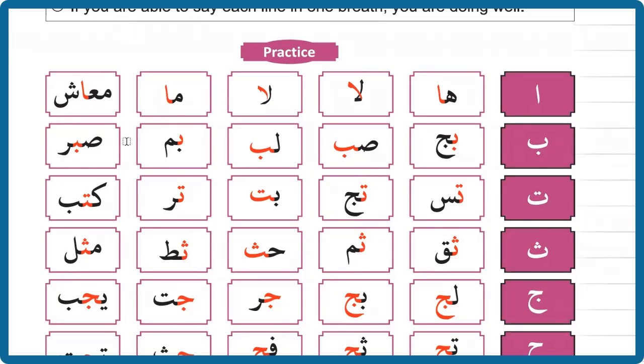Okay, dear sisters, let's read it together. You can read at your side. First one is alif, ha, alif, lam, alif, lam, alif, mim, alif, mim, ain, alif, sheen.